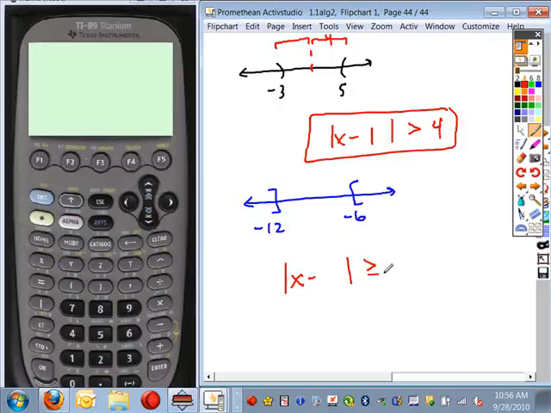So just by looking at this graph and not even thinking anything about it, you can get this much of your answer. Now all we need to do is find the midpoint between these, and then find the tolerance, or the distance from the midpoint to either of those sides. So what is the midpoint between negative 6 and negative 12?